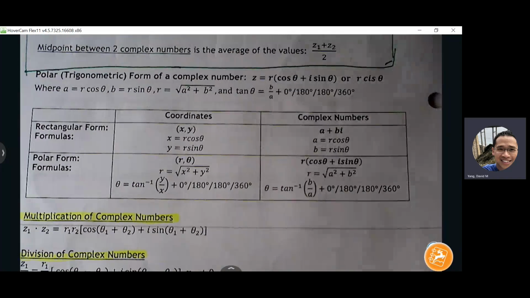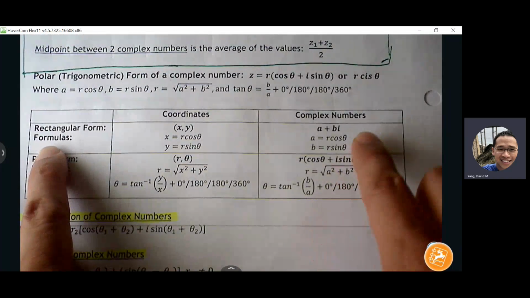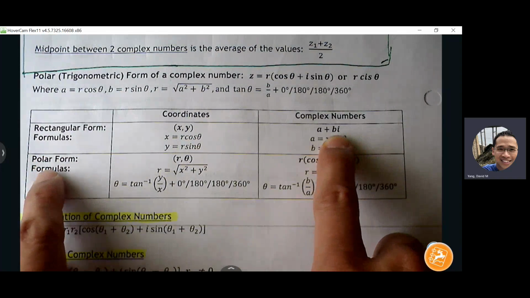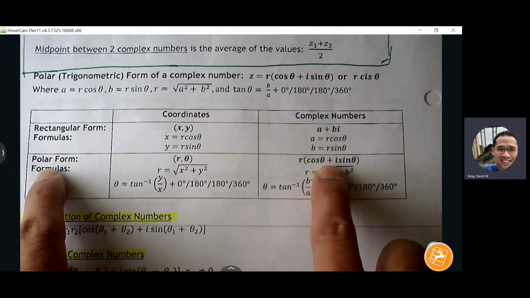You can also see this spelled out nicely on your summary form as well. Rectangular form is a plus bi. Polar form is r cosine theta plus i sine theta.